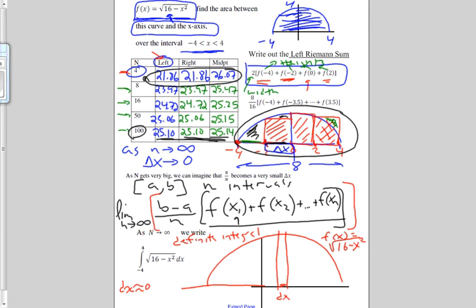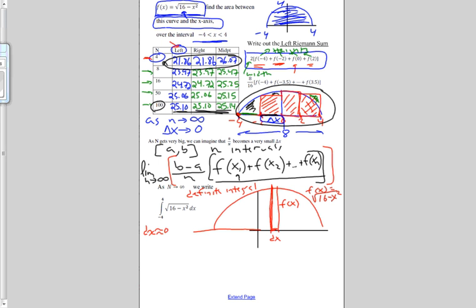And the height of this strip, well, if we go up, the height of that strip is just f of x. So that little area, this area right here, we call that small area, is f of x times dx, and I'm going to add up all of those areas from -4 over to 4.